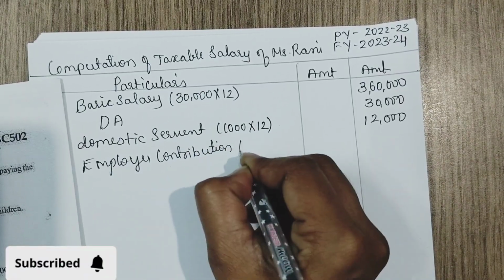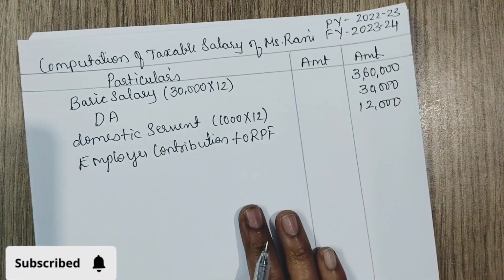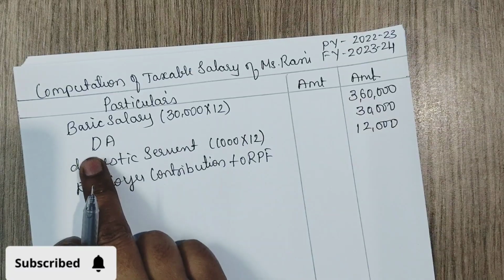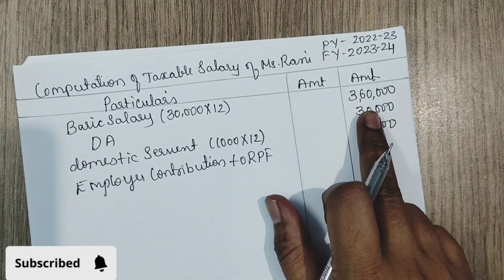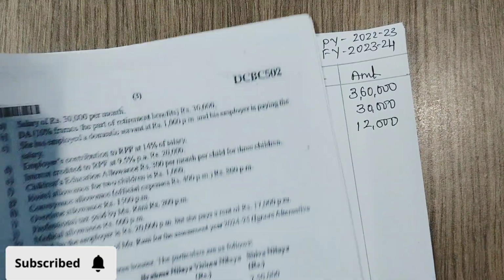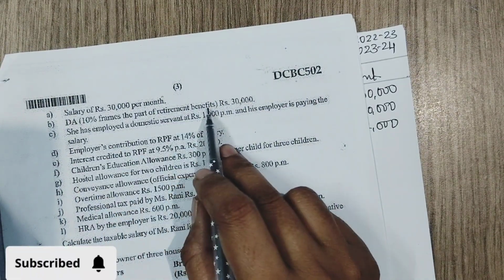See here, you need to take basic salary and DA. And DA, the entire amount you can't take. Why? Because it is clearly said that only 10% forms the retirement benefit.